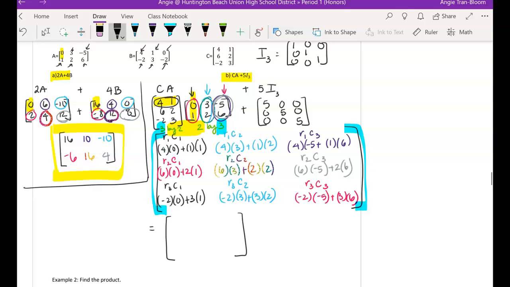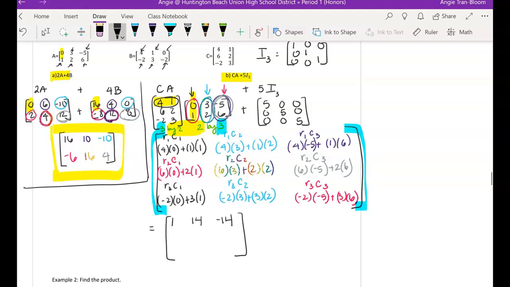So 4 times 0, 1 times 1. Ooh, almost missed that one. 4 times 0 is 0, 1 times 1 is 1. So that's going to be 1. Then 4 times 3, which is 12, plus 2 is going to be 14. 4 times negative 5 is negative 20 plus 6 is now going to be negative 14. So that's my first row.